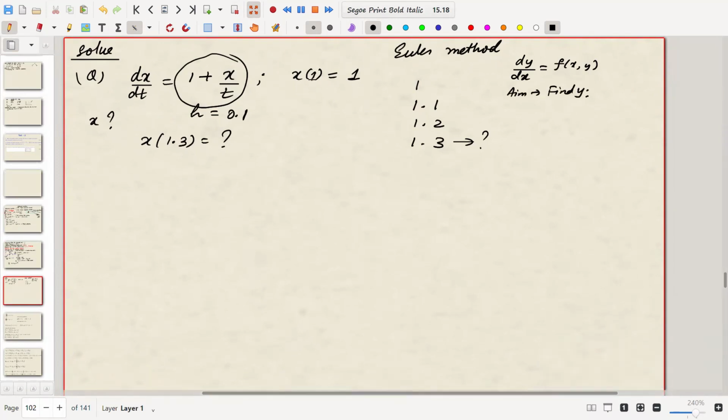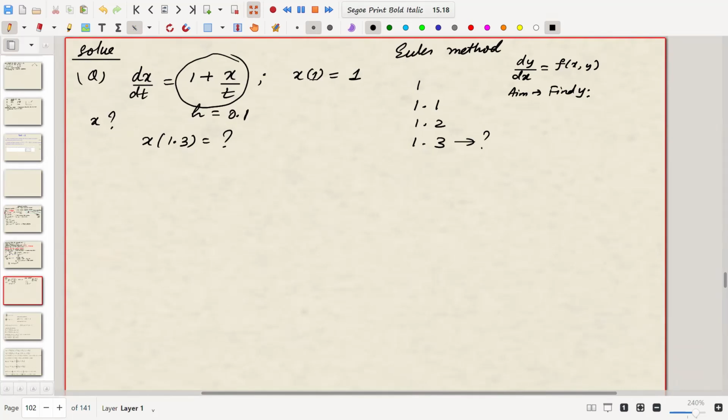And how can you find y? Via an iterative process. That is yi plus 1 equals yi plus h, the step size, times the right hand side of dy by dx, that is f of x comma y, but you are evaluating at xi, yi. So f evaluated at xi and yi. This is Euler's method.